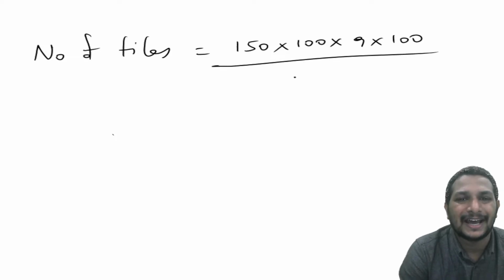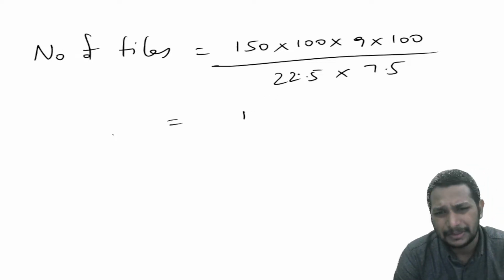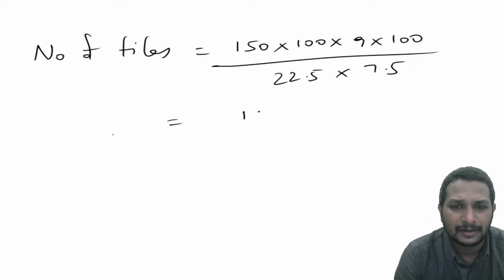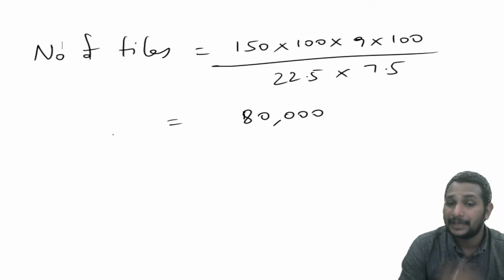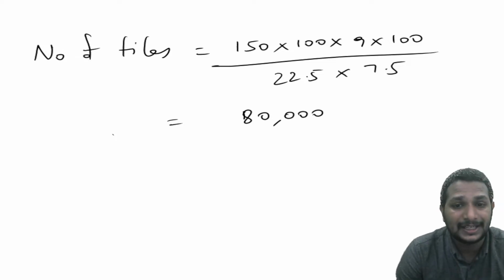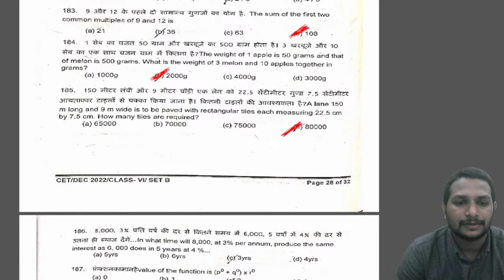Now coming to the tile dimensions, 22.5 into 7.5. You can simplify this. We're getting the final answer as 80,000. That's nothing but option D. Option D. Okay.